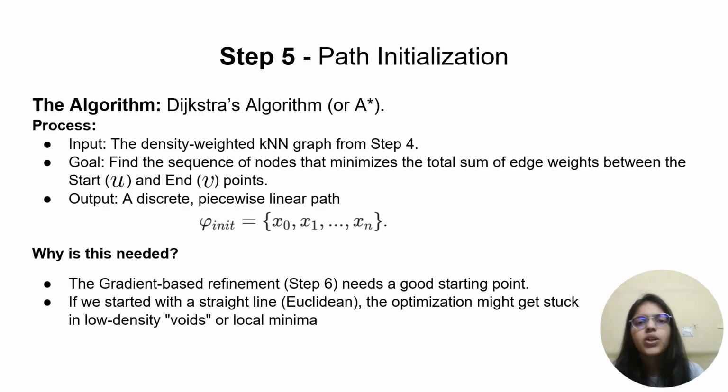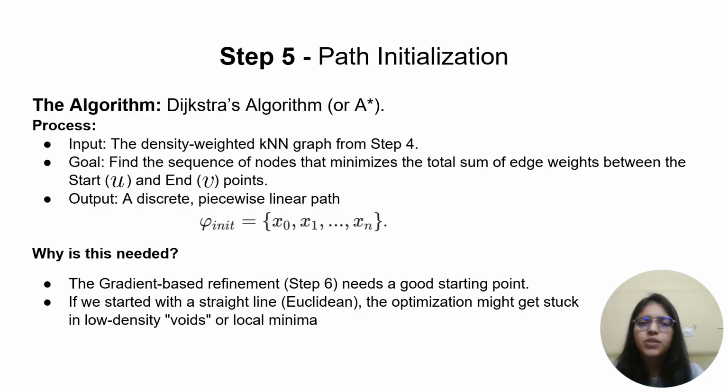Dijkstra is designed to find the optimal sequence of nodes that minimize the total sum of edge weights. Since our edge weights are the Fermat distances, the output, that is our initial path, which is phi init in the slide, is the sequence of points that follows the path of least density weighted resistance.